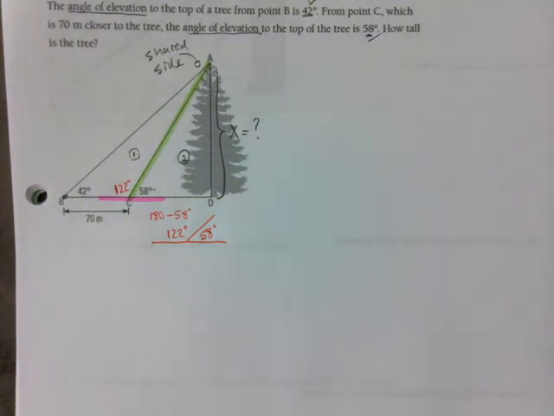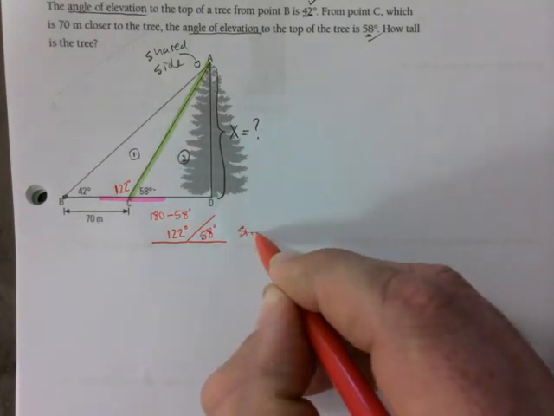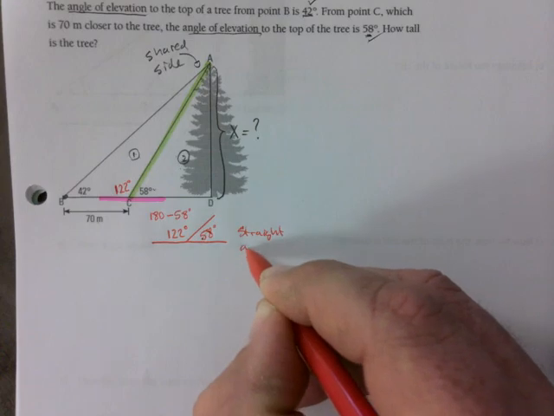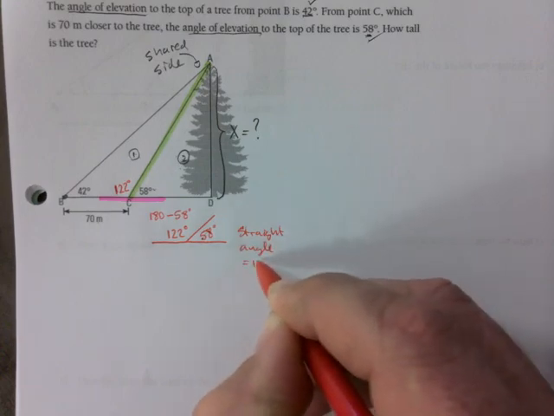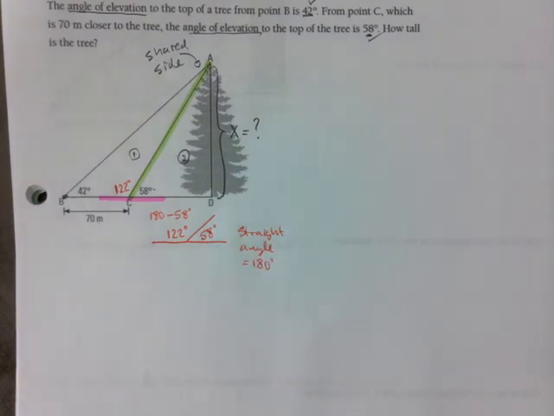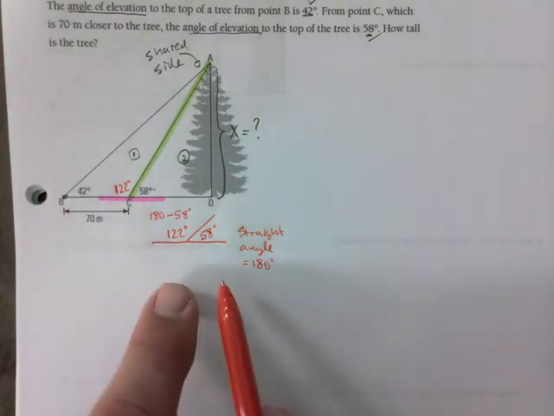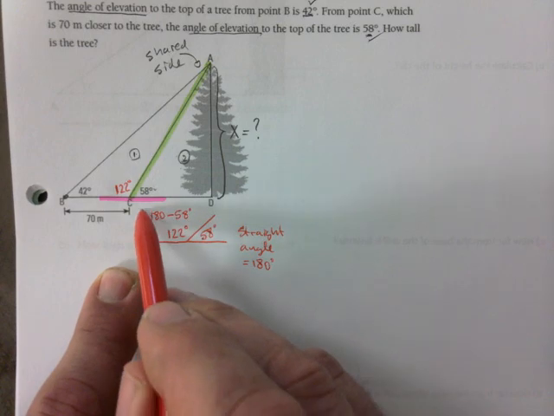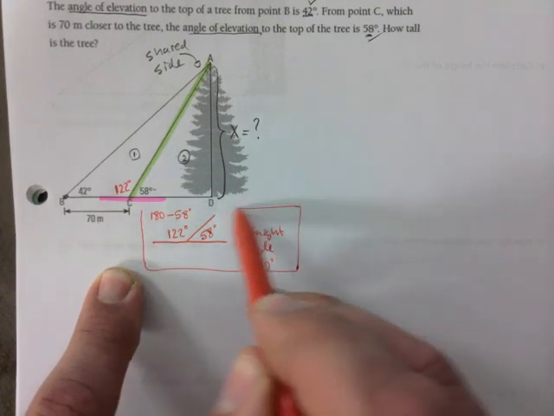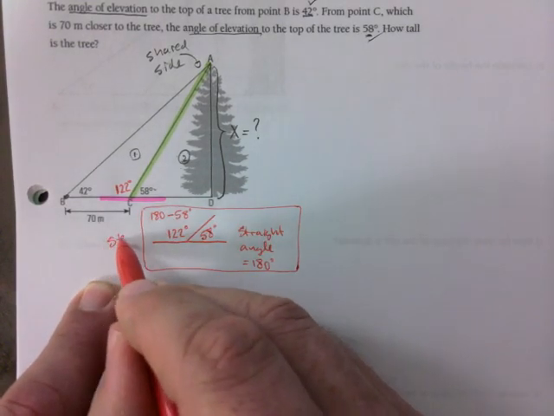That's not a whole lot of solving there, right? That's just using a property. I would just say straight angle. Straight angle is equal to 180. Okay. This was my first step right here. So let's say step 1.